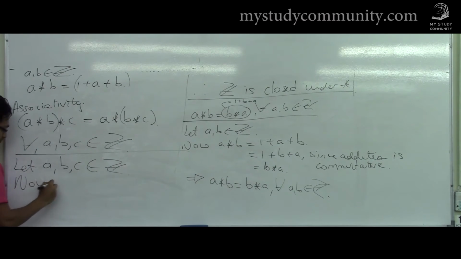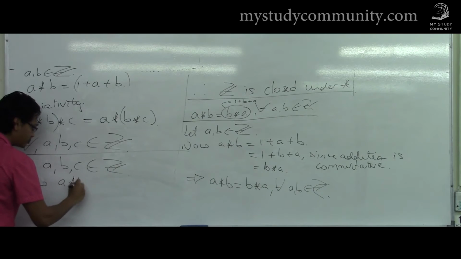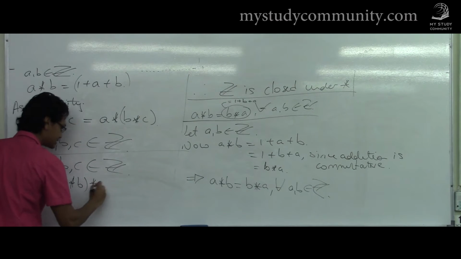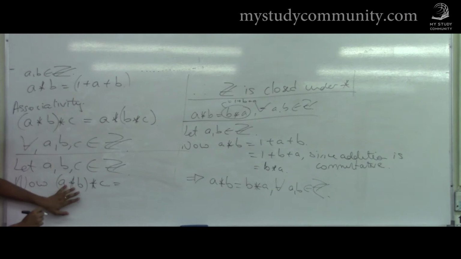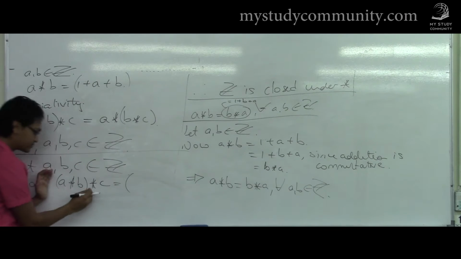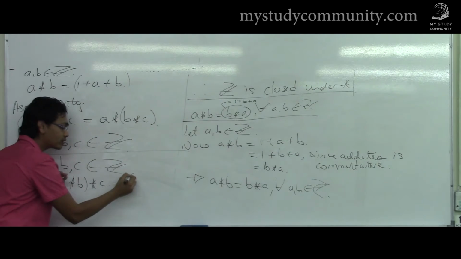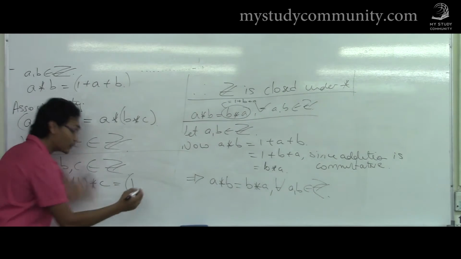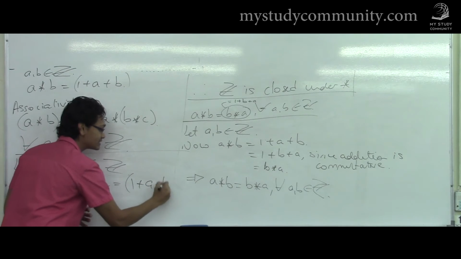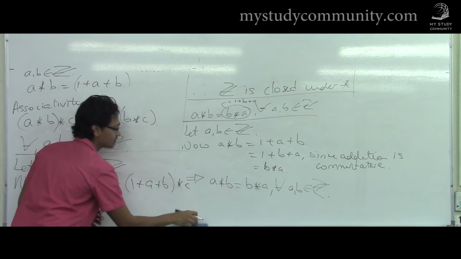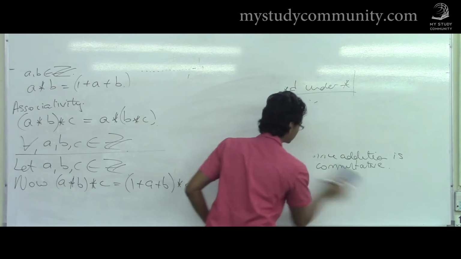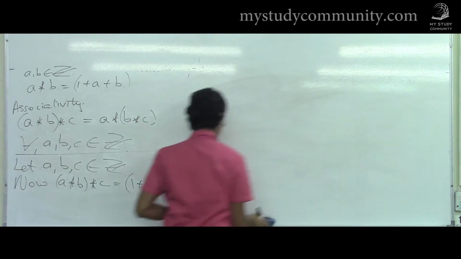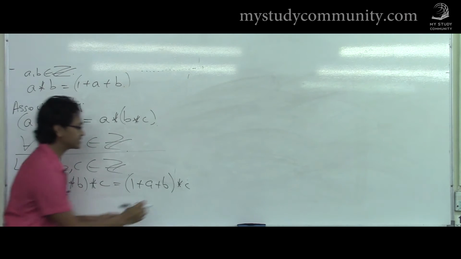Now, A star B star C. This is equal to what? A star B, just remember, brackets first, right? So brackets first. Where does 1 come from? I really don't care. 1 plus the first element plus the second element, star C. Now I have to simplify this.